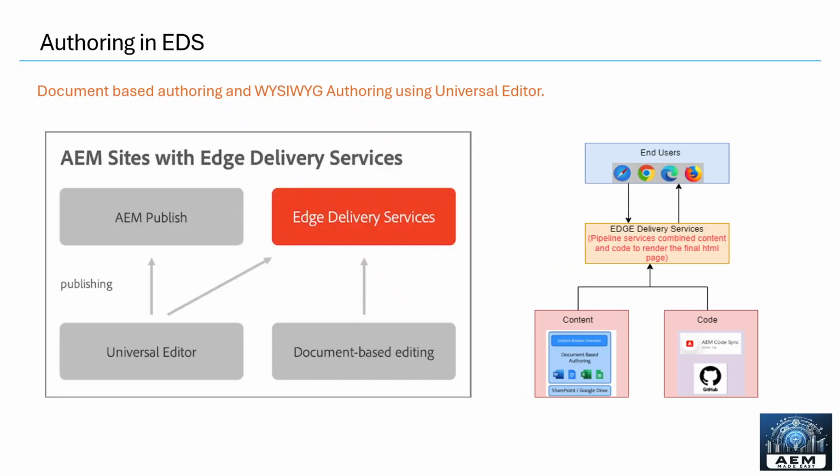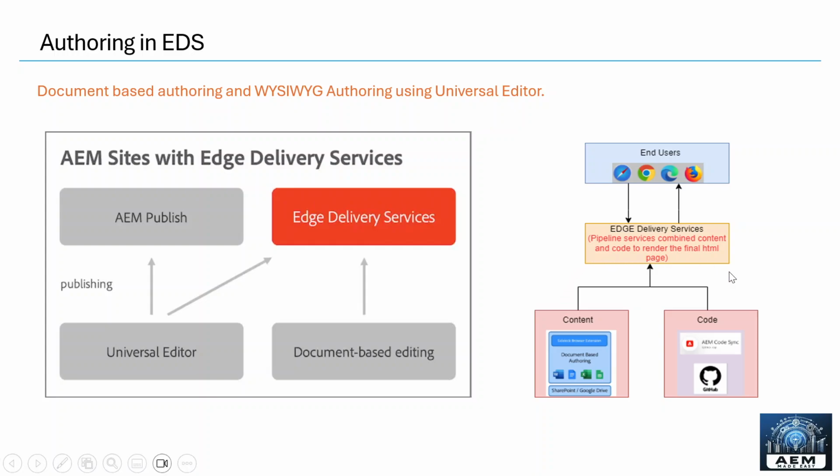Now, coming to authoring, I think I've already explained this, so I'll quickly talk about it one more time, then go to the next slide. There are two types of authoring available: document-based authoring and what-you-see-is-what-you-get authoring. Document-based authoring is very simple: you use either the SharePoint stack or the Google Drive stack, and based on whichever you choose, the content author does the authoring using the tools they know.